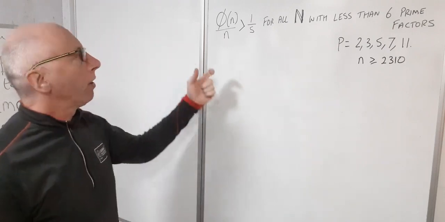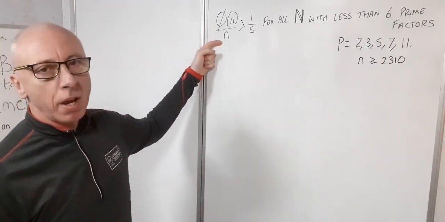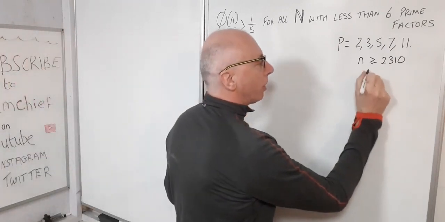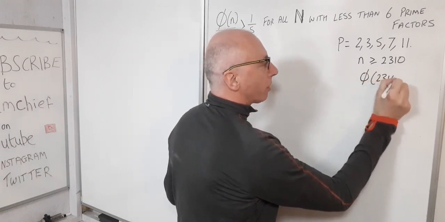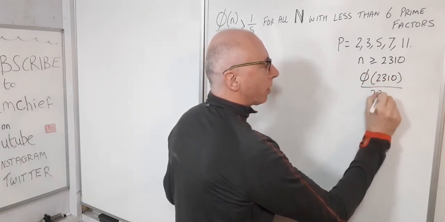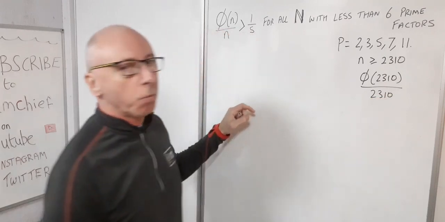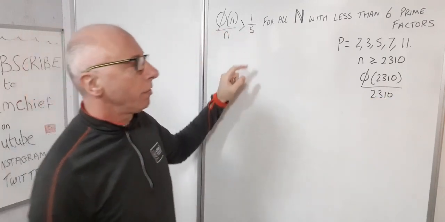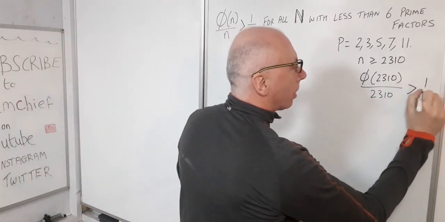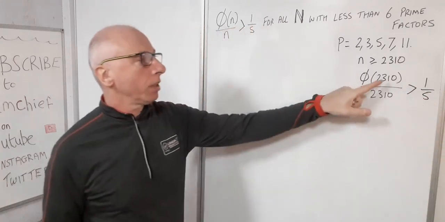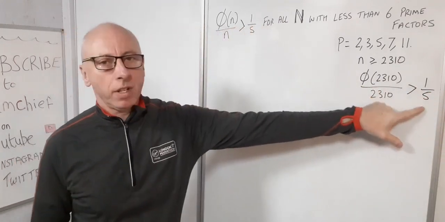And then we want to work out Euler's phi function divided by that number. So for example, phi of 2310 divided by 2310, we want that to be greater than 1/5. Now we can plug in any numbers greater than this and hopefully this will still stand.